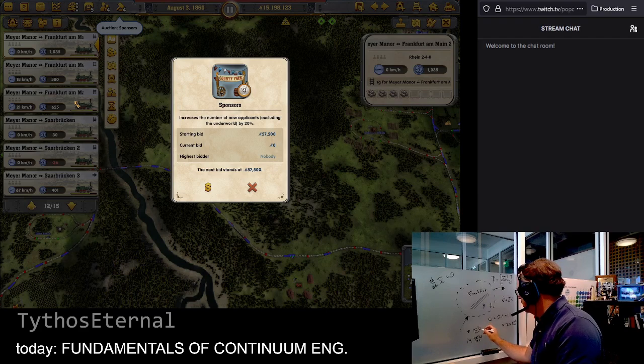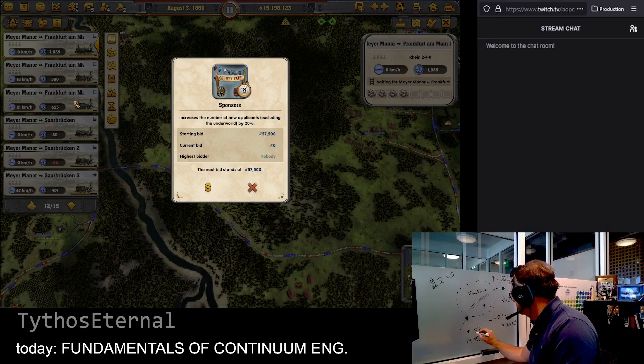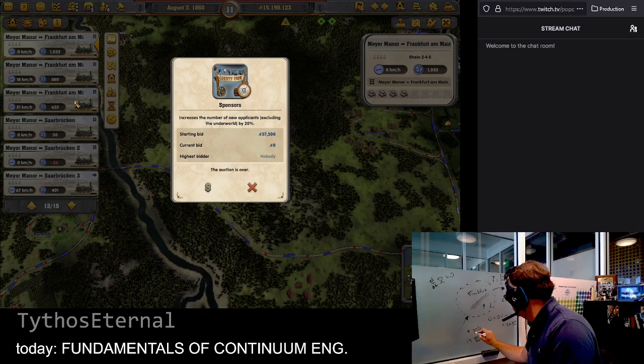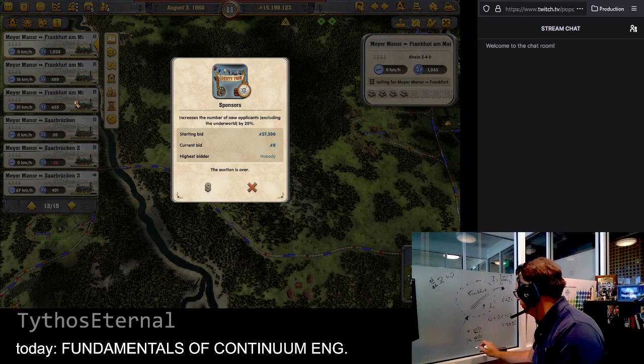Let's see, units per line or train. And of course we have 4 trains.